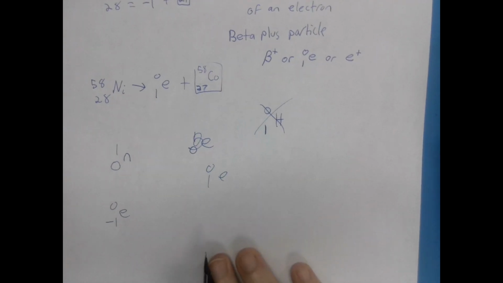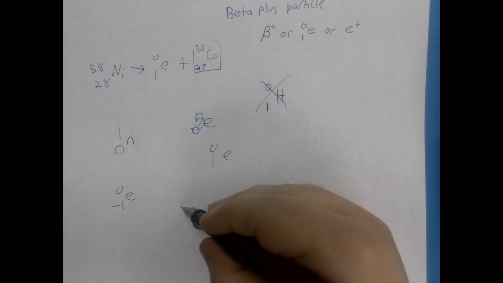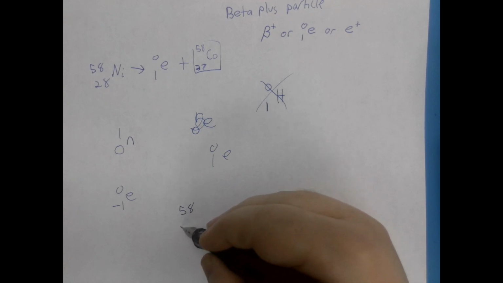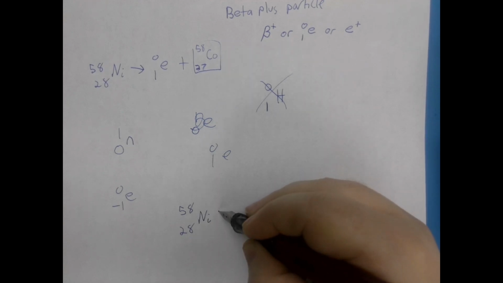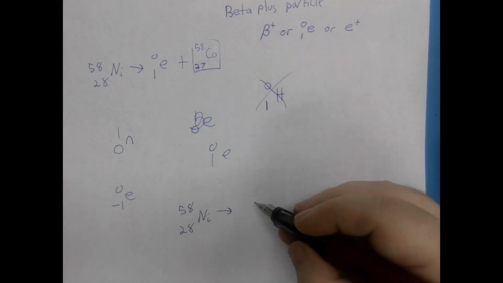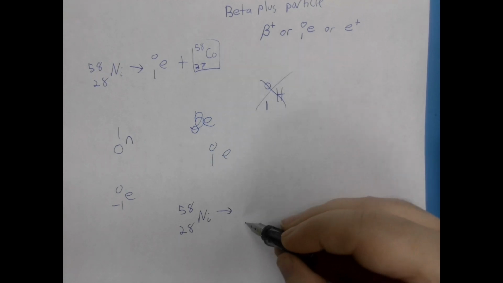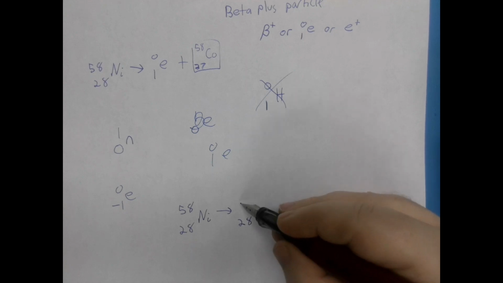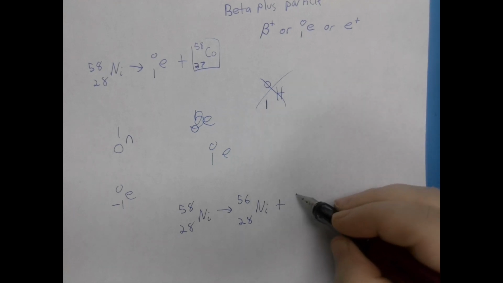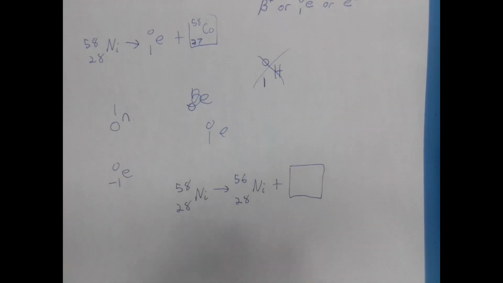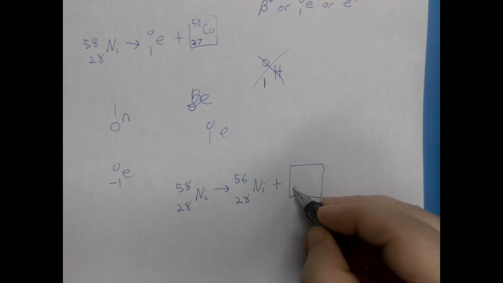Let's see if I can make up a problem. So this is not real. I try to use real nuclear decays, but this is going to be entirely fictional. What would go in the box? So we know the bottom number will be 0.